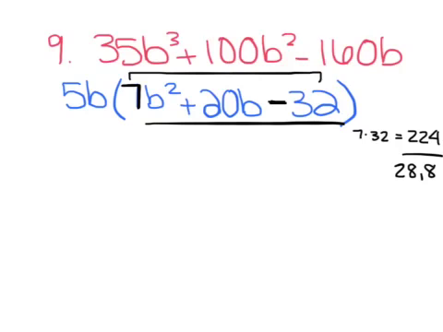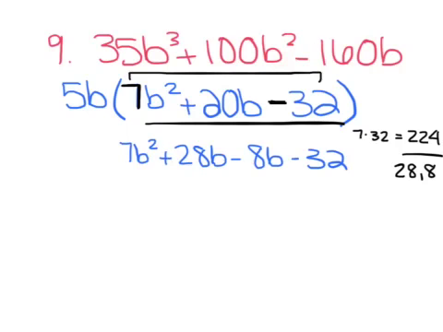Now we need to rewrite 7b squared. Instead of 20b, I'm rewriting that middle term. I'm going to rewrite it as plus 28b minus 8b, and then minus 32 to finish it up. Group the first two. GCF is 7b. Leaving you with b plus 4.